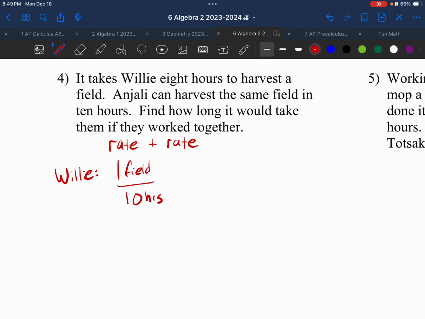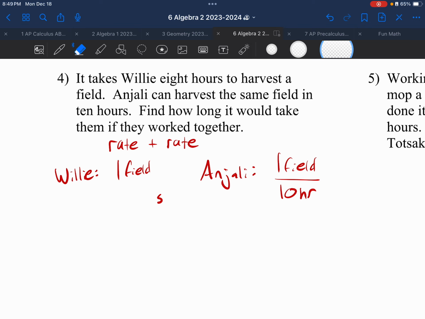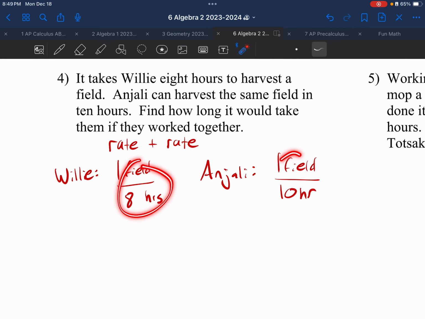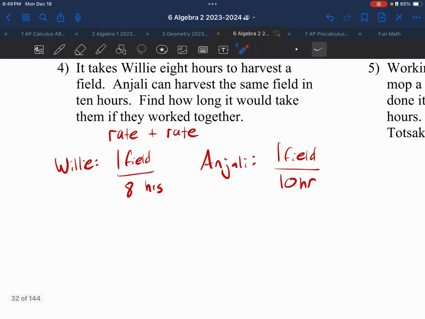Anjali takes 10 hours, and Willie takes 8 hours. Oh, that eraser was too big. So I can add these together because I can do rate plus rate.